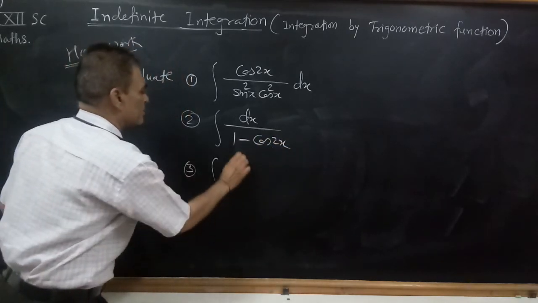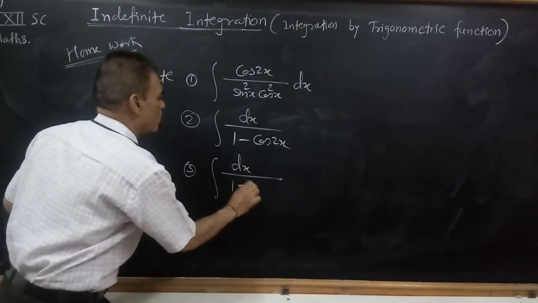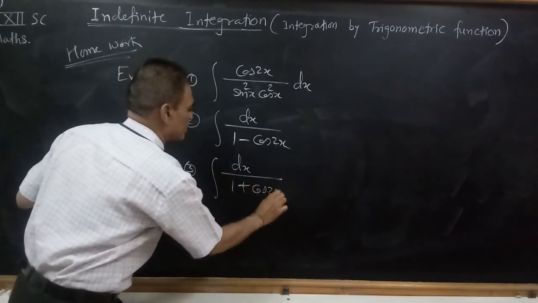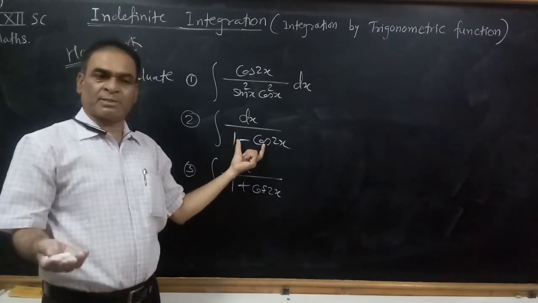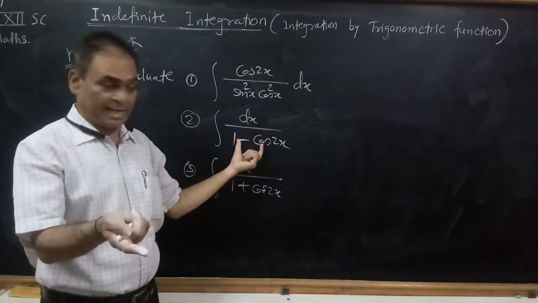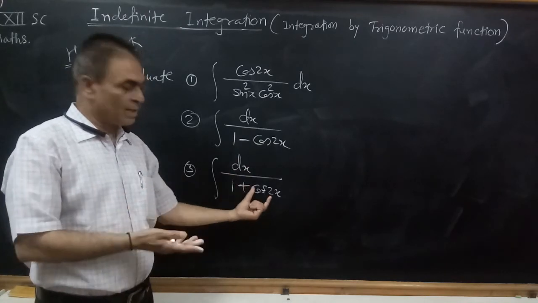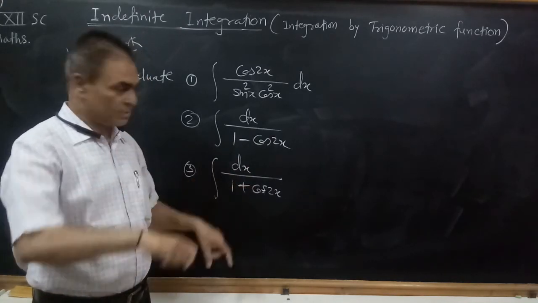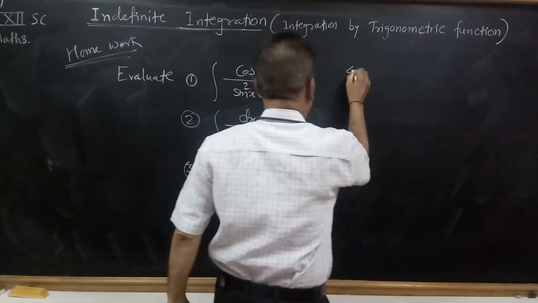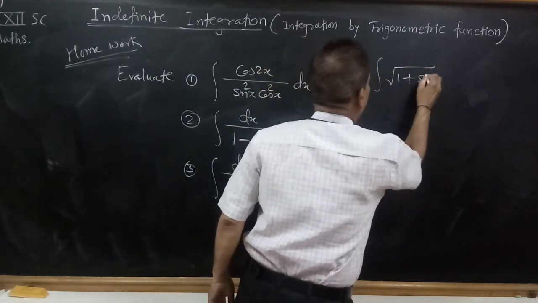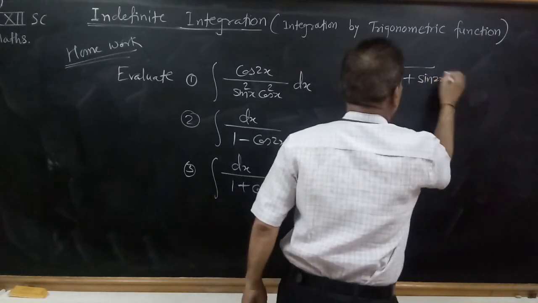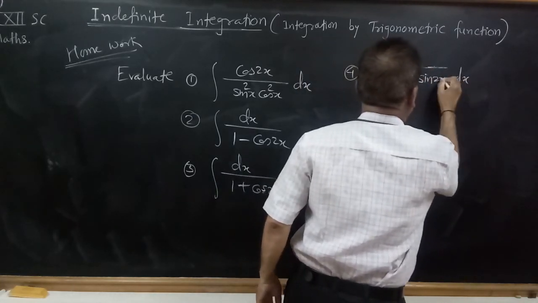Third, integration of dx divided by 1 plus cos 2x. You know 1 minus cos 2x means 2 sin square x. 1 plus cos 2x means 2 cos square x. One more question, integration of root of 1 plus sin 2x dx.